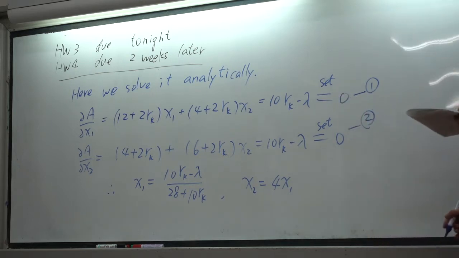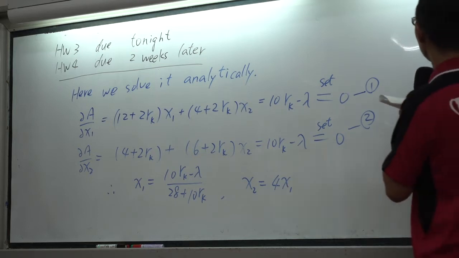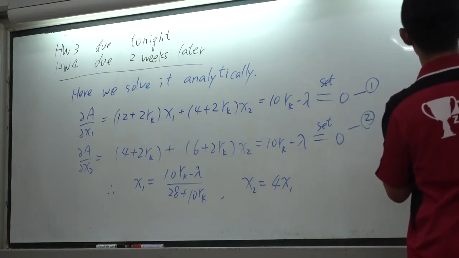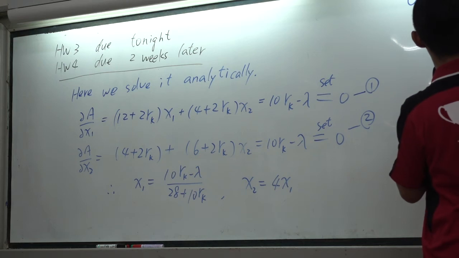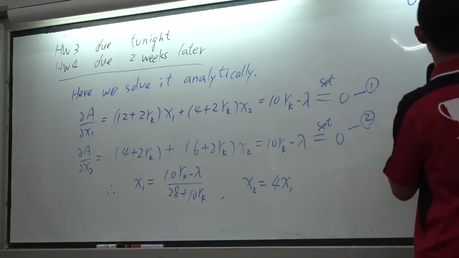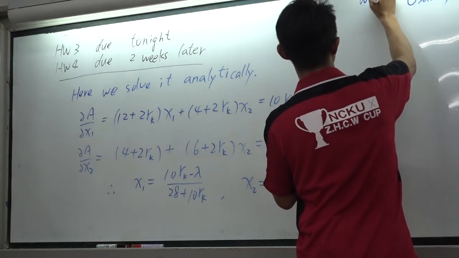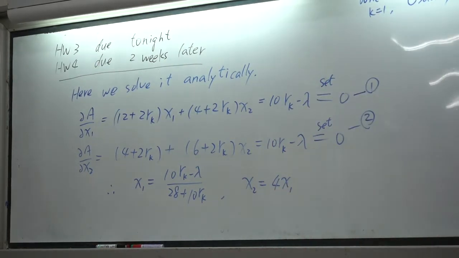You can pick any arbitrary value, but usually R1 equals 1 when k equals 1, and lambda equals 0 when k equals 1, and then we will be able to update lambda k from here.